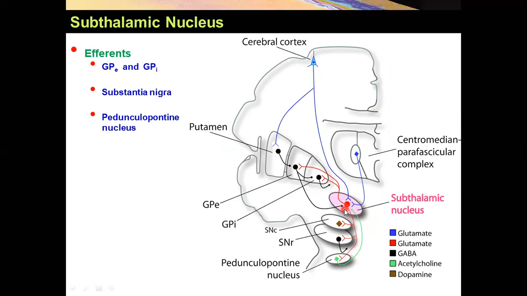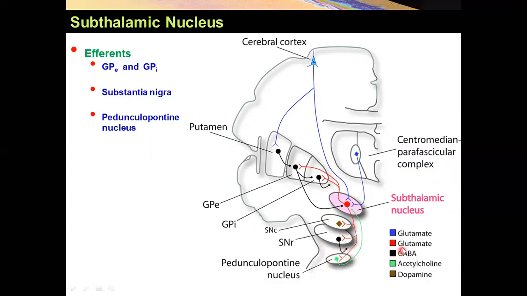So the subthalamic nucleus sends information to GPE and GPI. You can see it here, to GPI and GPE, to Substantia nigra, look at here, Substantia nigra pars compacta and pars reticulata, and also to the pedunculopontine nucleus.